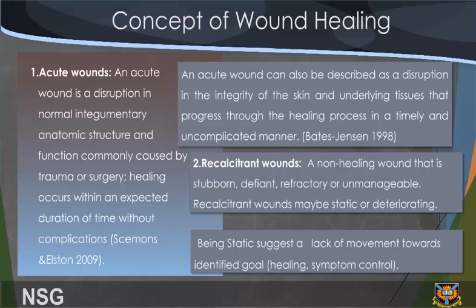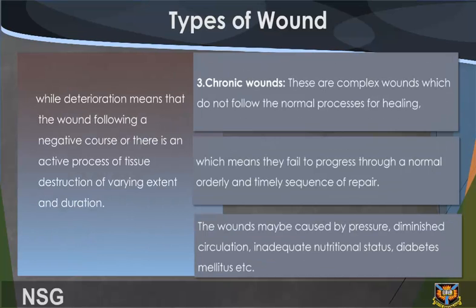Being static suggests a lack of movement towards an identified goal, healing, or symptom control, while deterioration means that the wound is following a negative course or there is an active process of tissue destruction of varying extent and duration.